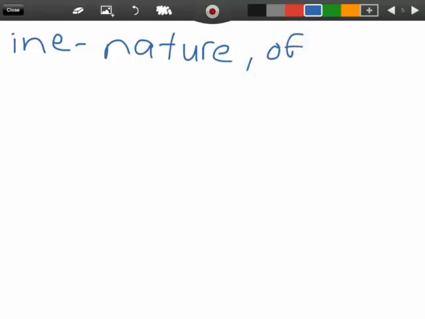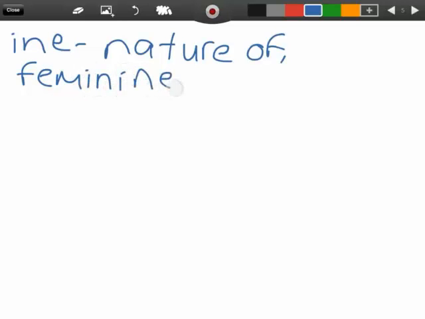Moving to my next page, and to my next suffix is ian, and ian also means nature of. Sorry about that, let me just go ahead and correct that: nature of, or feminine ending.